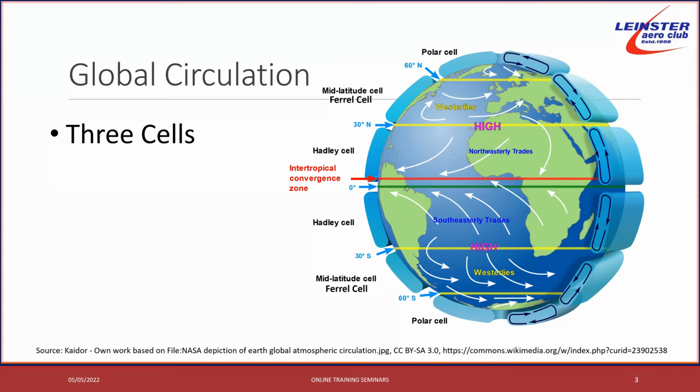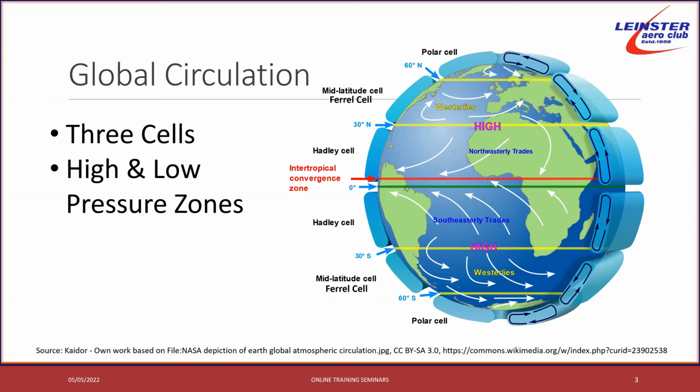But of course, because of the rotation of the Earth, it's more complicated. And also because of the different land masses. Predominantly, the land masses are in the northern hemisphere rather than in the southern hemisphere, where you have much more ocean. So that has also got an impact.